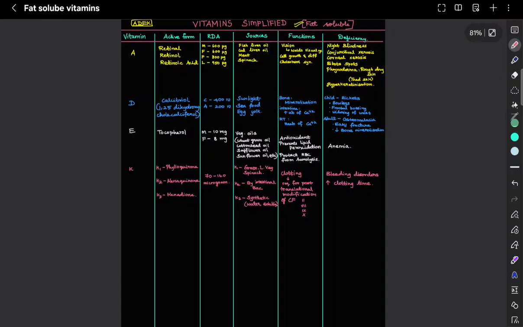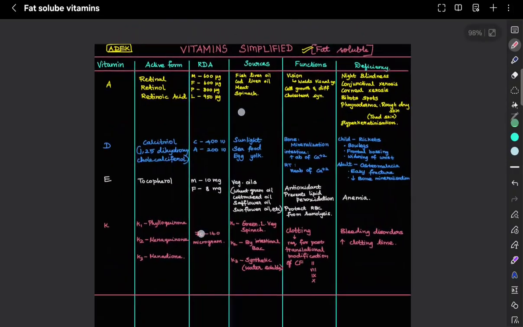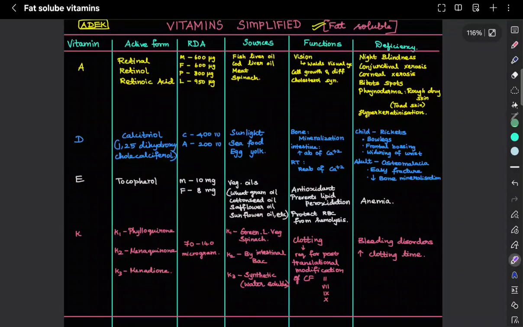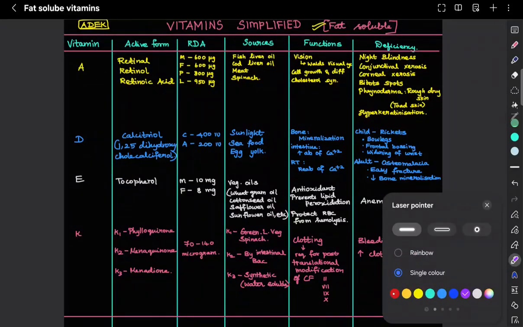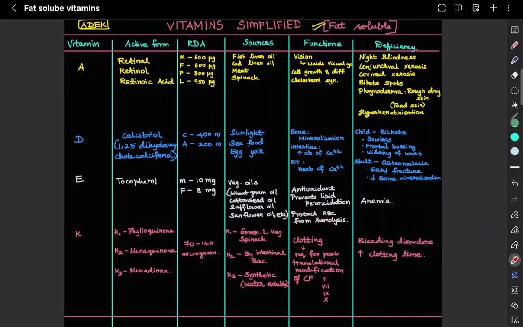Okay, so this is a short table about fat soluble vitamins. So let us see, just revise it once. Vitamin A, D, E, K, these are our fat soluble vitamins. Now vitamin A, the active forms are retinol and retinoic acid.